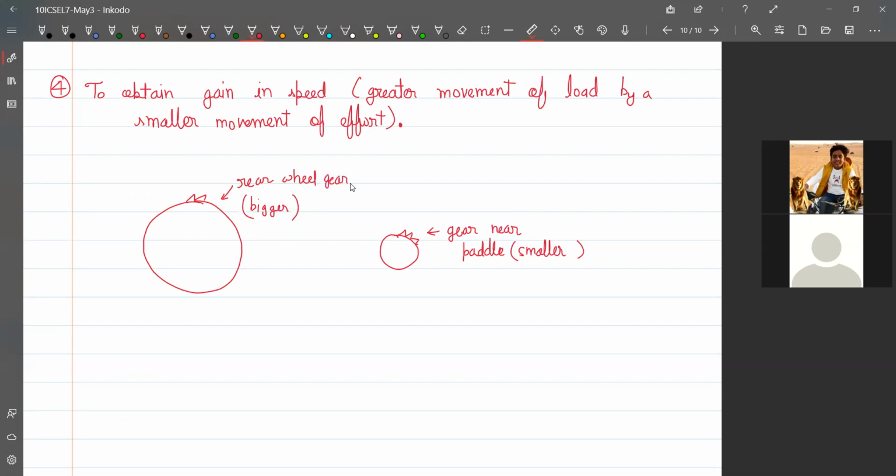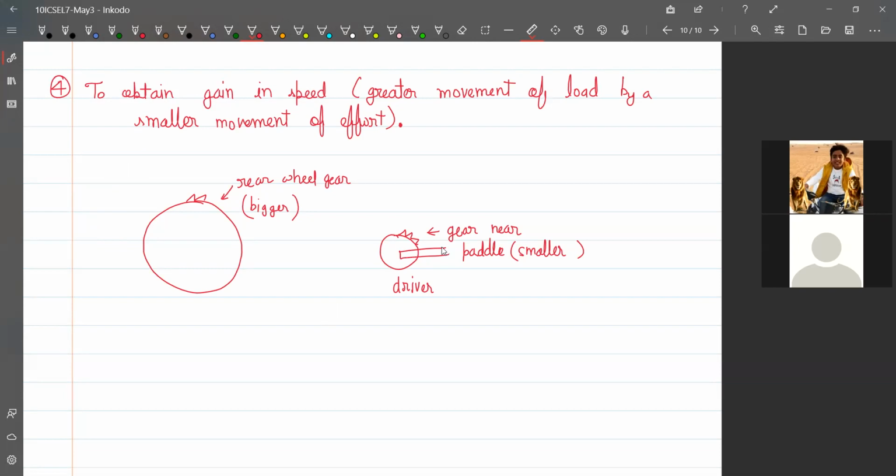This is the rear wheel gear. This is the gear near the paddle. This is known as the driver gear, and this is known as the driven gear. So on the driver gear, you have to apply less effort.